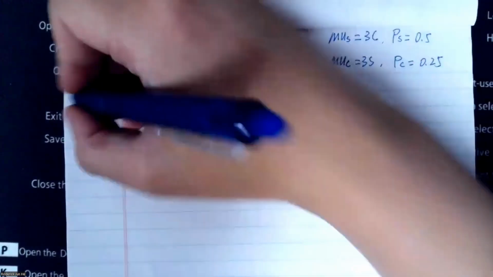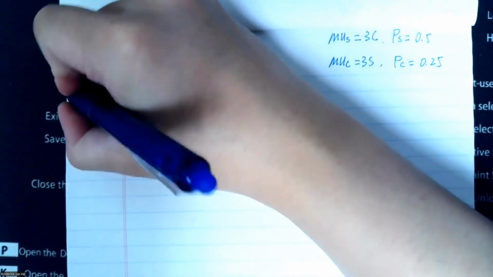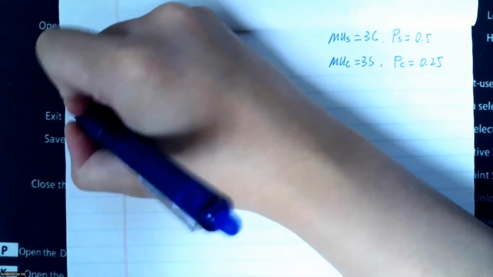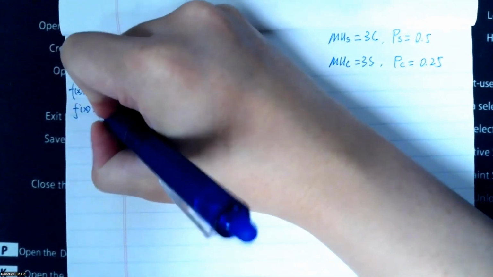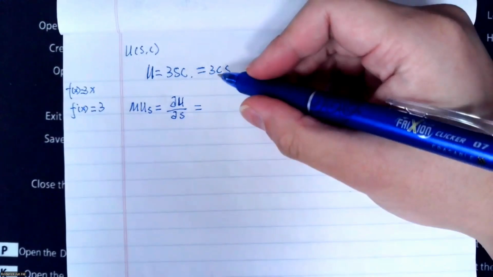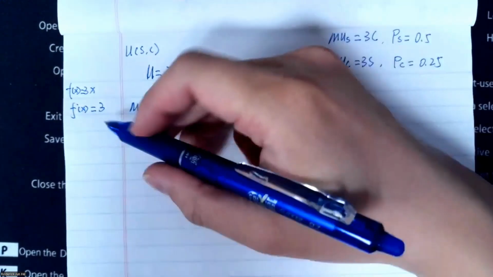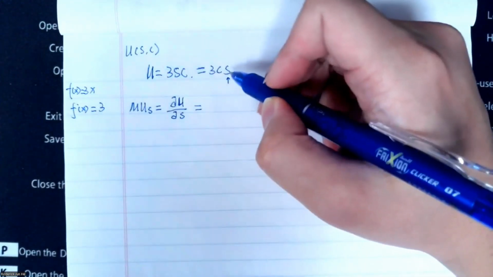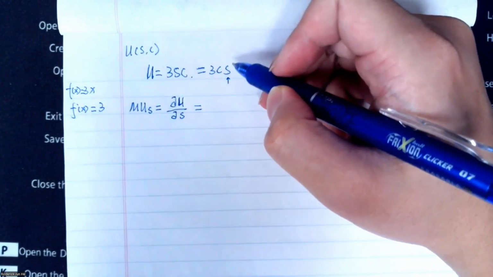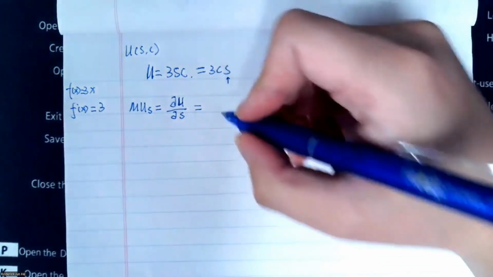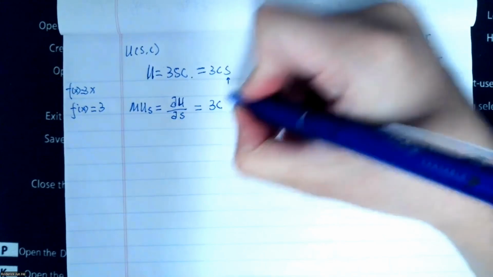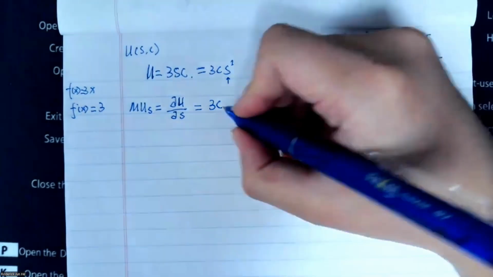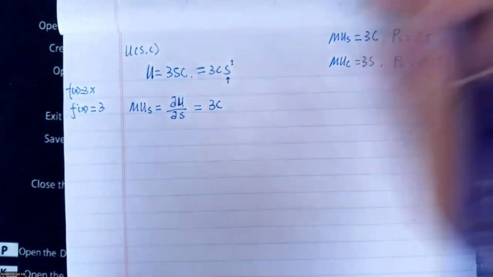So it is like 3x. If f(x) equals 3x, what is the derivative? That would be 3, right? The derivative would be the constant before that, since S is only linear, of power 1. So the result is 3C.